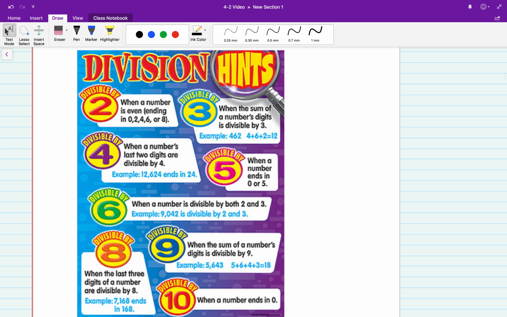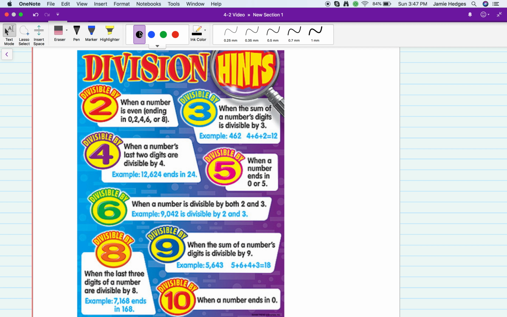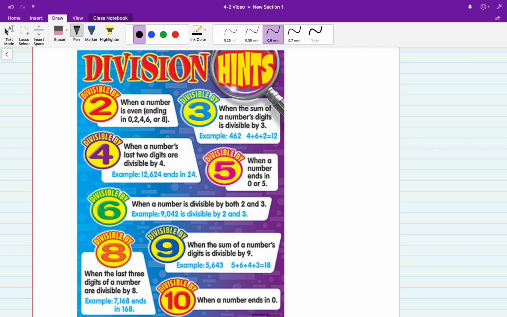All right, next we have to know our divisibility rules. And yes, you're going to have to learn the rules. And a lot of them you already know though. So the rule for 2, you know that. If it's an even number, or if the last digit or the ones place is 0, 2, 4, 6, or 8, then it's divisible by 2. So this one you already know.